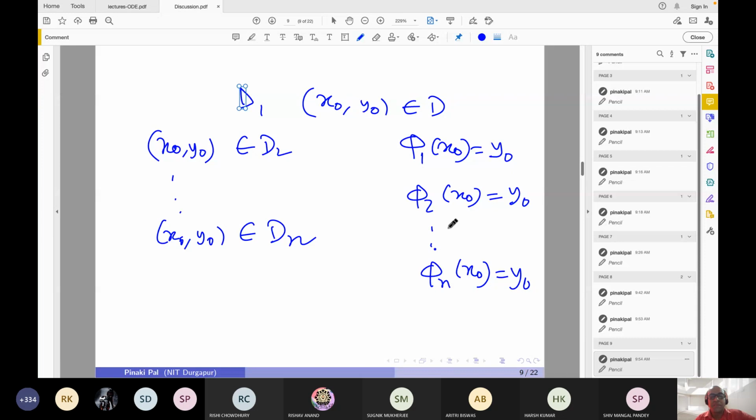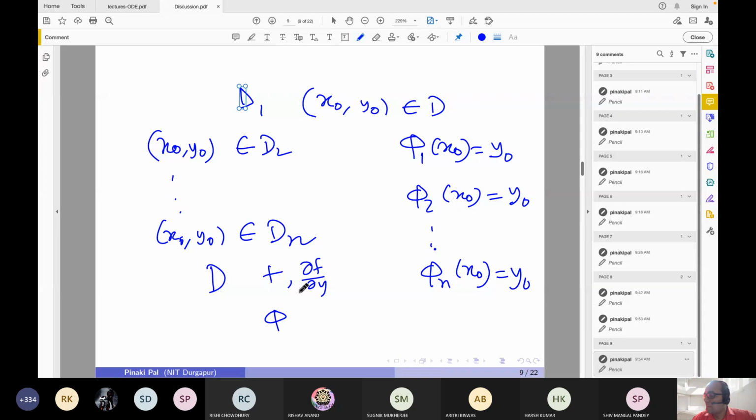At least one solution is there: if you give me one domain and f as well as del f del y are continuous in that domain, then there exists a unique function. If you change the domain, the function may change or may remain same.